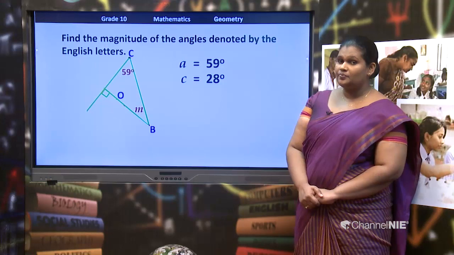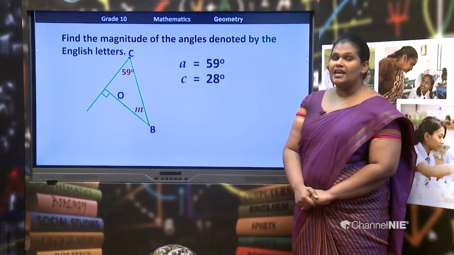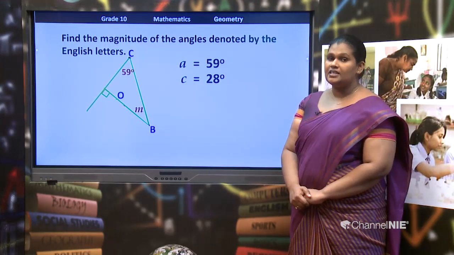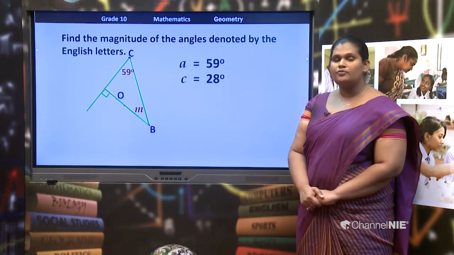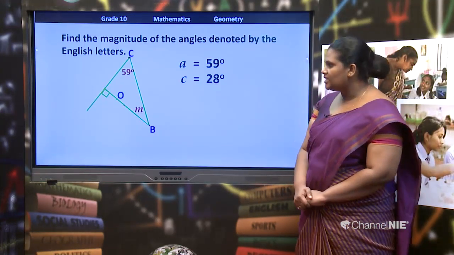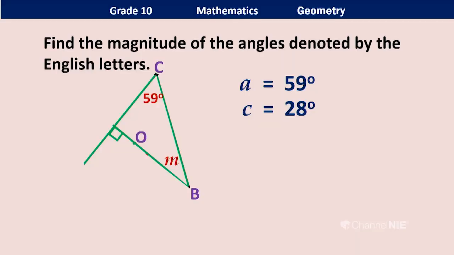What is the theorem? The magnitude of the exterior angle is equal to the sum of the interior opposite angles. Therefore, this is the exterior angle. These are the interior opposite angles. Therefore, we can say M plus 59 degrees is equal to 90 degrees.